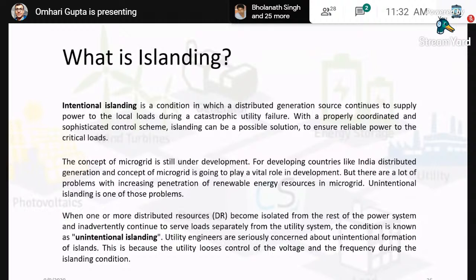Utility engineers are seriously concerned about this kind of islanding, because the utility loses control over the voltage and frequency during the islanding condition. Now, there are two things you can do: identify this unintentional islanding and immediately disconnect yourself, because you do not know how much load is connected and whether you will be able to supply it if you have small generations.